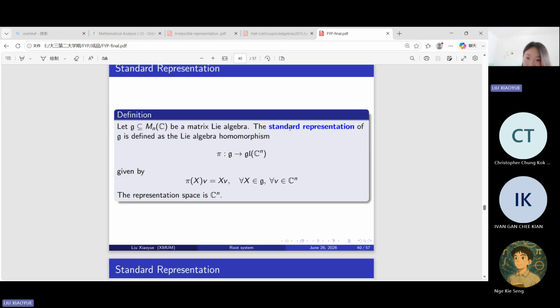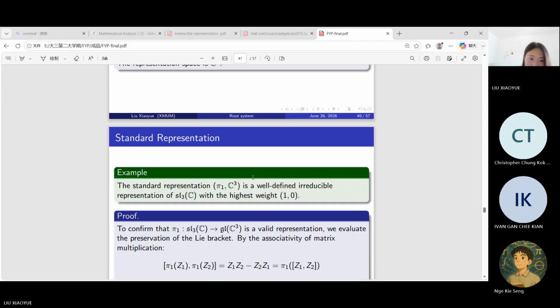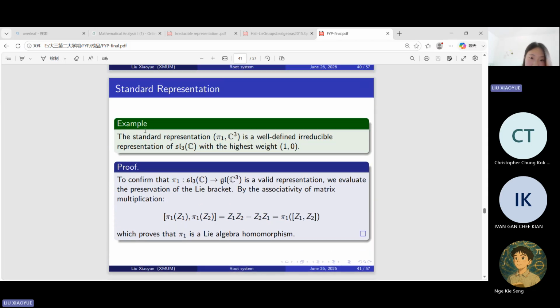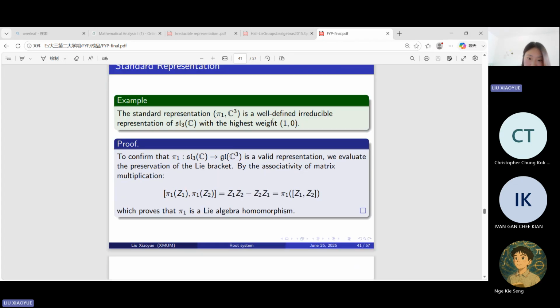The next definition is about the standard representation. It is defined as the map X to X itself. And this example says the standard representation is an irreducible representation with highest weight (1, 0).